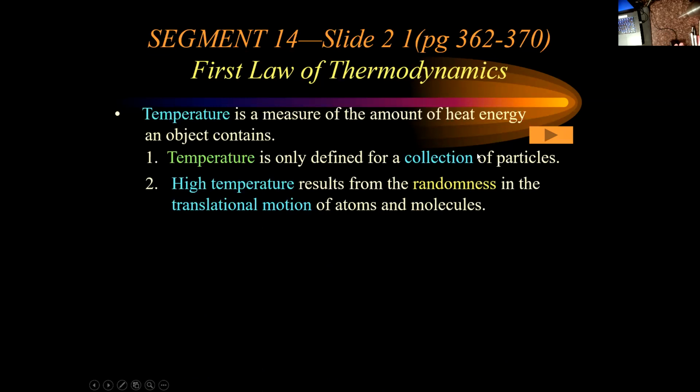You can't really have a temperature of one molecule. You have to have enough molecules that you could not predict where the molecules would be at some future time. There's just too big a sample to ever do that calculation.